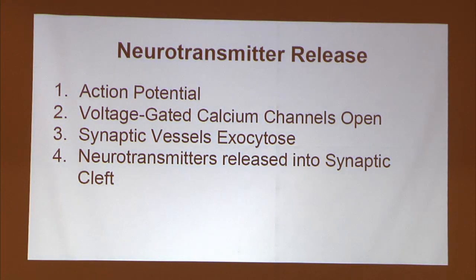That depolarization is going to activate the voltage-gated calcium ion channels, and those are going to open. Voltage-gated means they open because of a charge change. That's what the voltage means. An action potential is a depolarization, or a change in charge, so calcium channels can open.